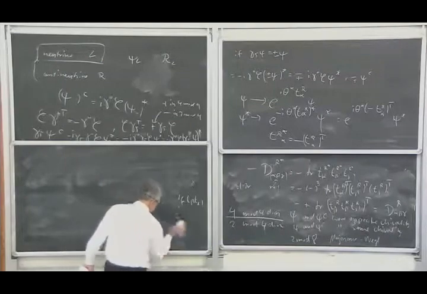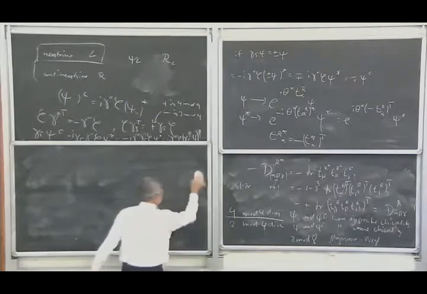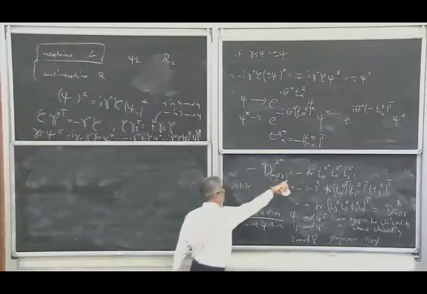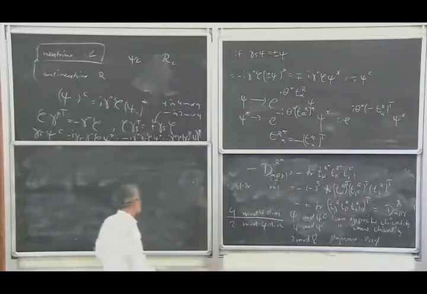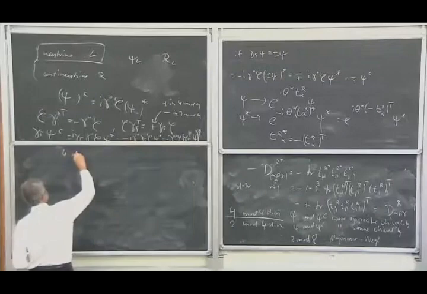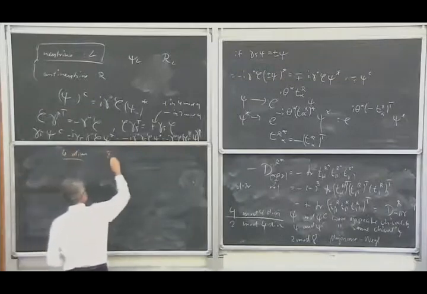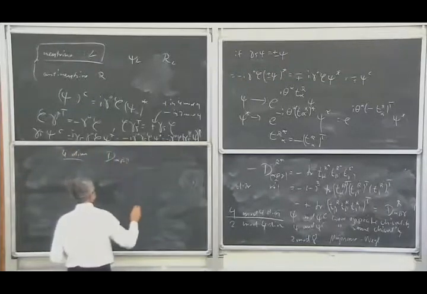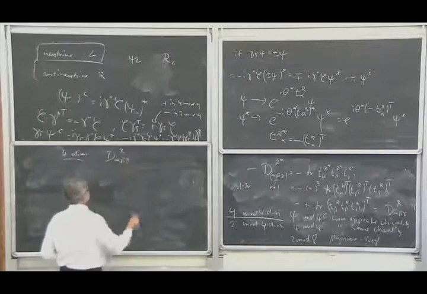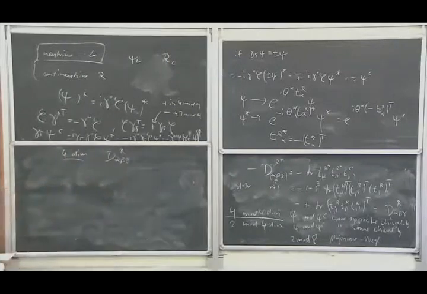Well, D symbols with how many indices? So let's go back specifically to 4 dimensions. Now we need to look at the D symbols with 3 indices in representation R. And things are actually pretty simple.